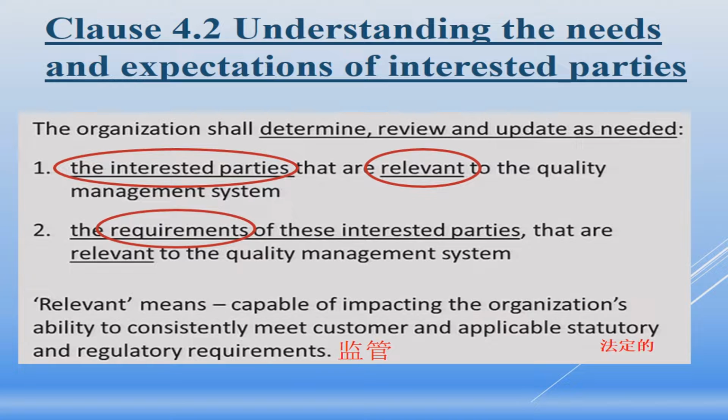So what's the requirement? The company must determine the views and update as needed. Who is the interested party relevant to the quality management system. Number 2, the requirements of this interested party that are relevant to the quality management system.